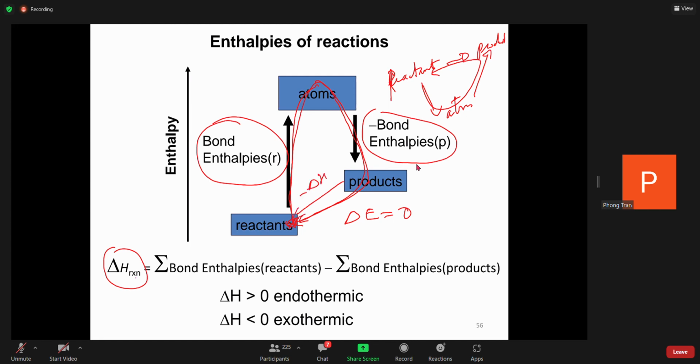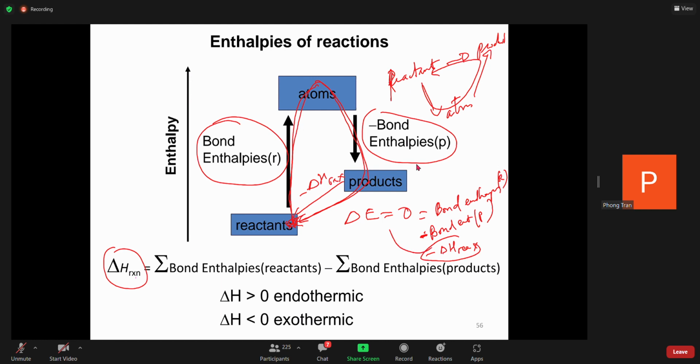and here you will have a minus delta H of reaction, right? So if you take delta E equal to 0, that means bond enthalpy of the reactant minus bond enthalpy of the product minus delta H of reaction equals 0.